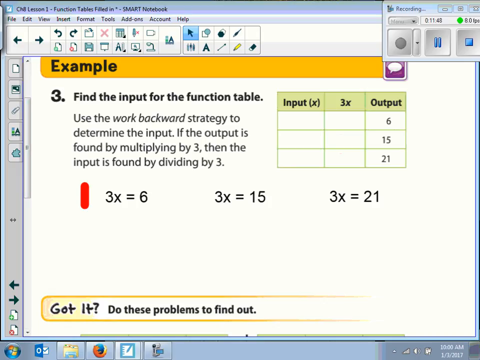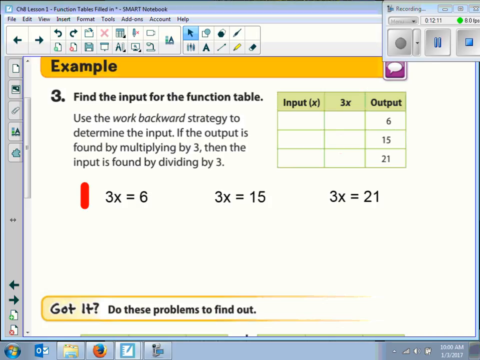So 3x is equal to 6, 3x is equal to 15, and 3x is equal to 21. So for those of you who are telling me 7 and 2 and telling me the answers, this is how you got it. This is how you show the math of what you did, right?